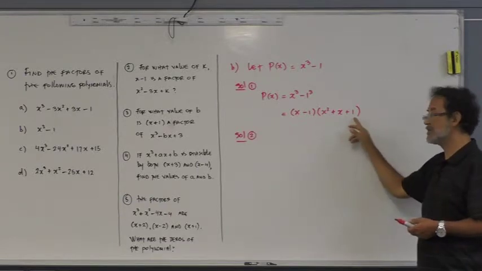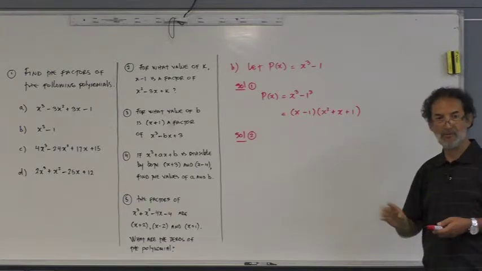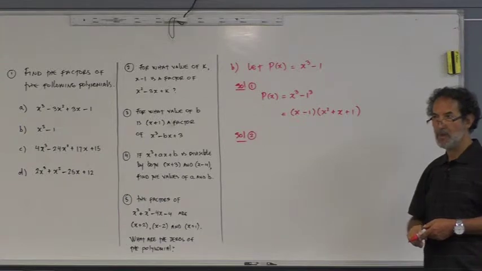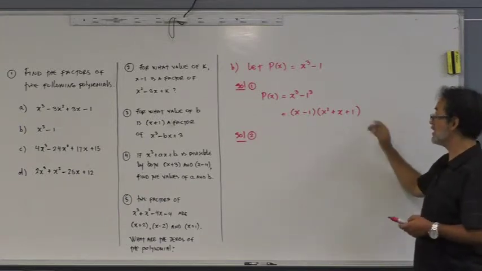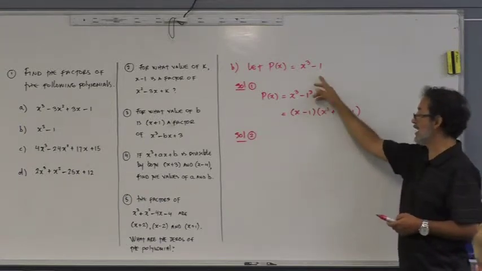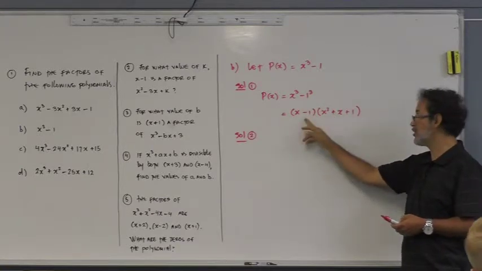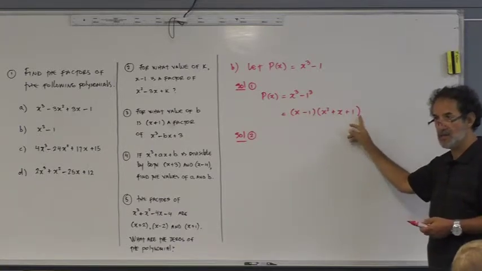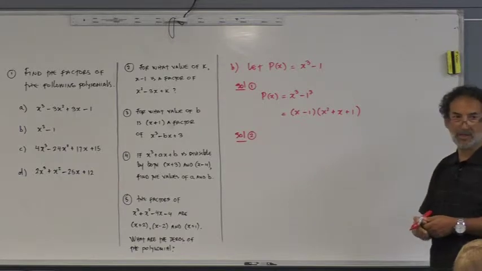We say that this is irreducible. We can't reduce anymore. So the factor form of this polynomial is just this. We cannot do anything else.